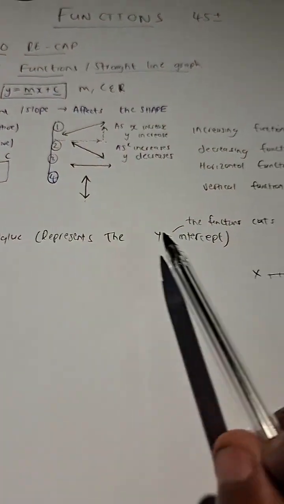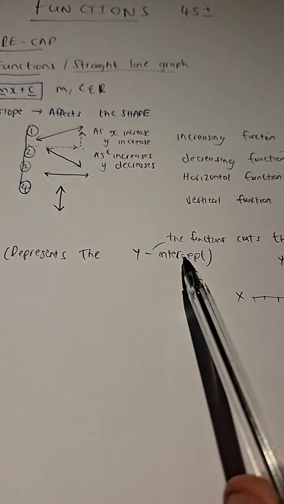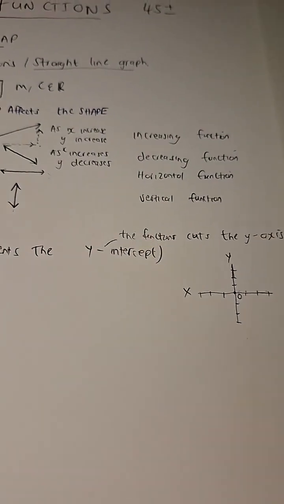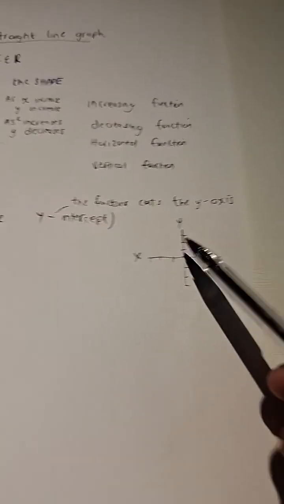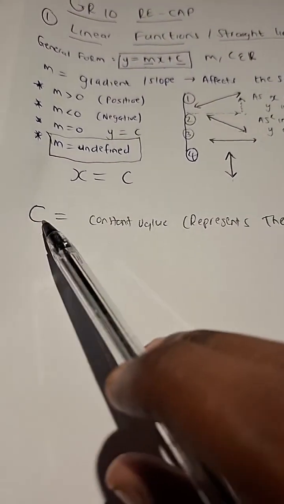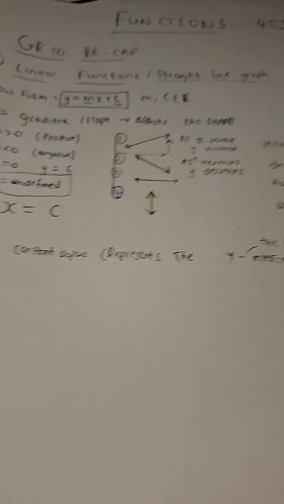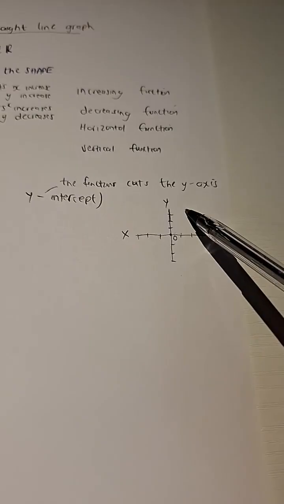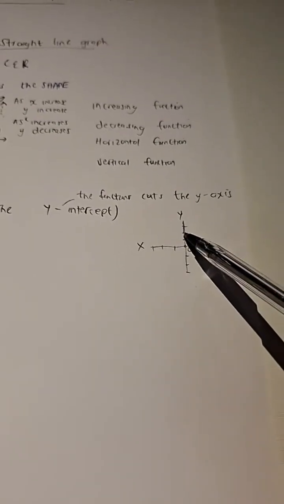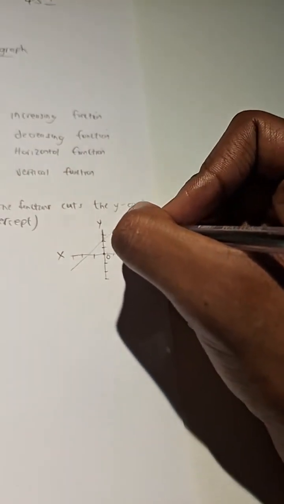And then, like I said, x and y. If C is some constant value and it represents the y-intercept, where the function cuts the y-axis, that's what our C value will be, all right? Where the straight line function cuts the y-axis. So for instance, let's say there's a straight line that cuts at 2.